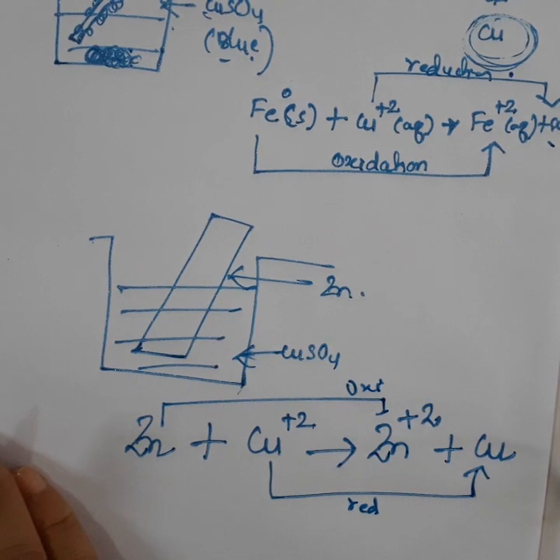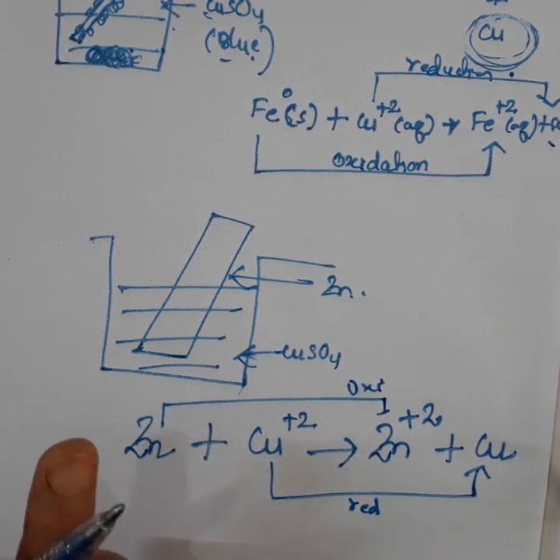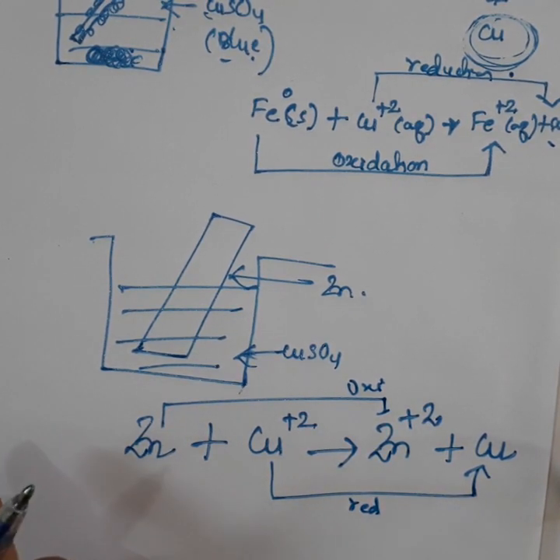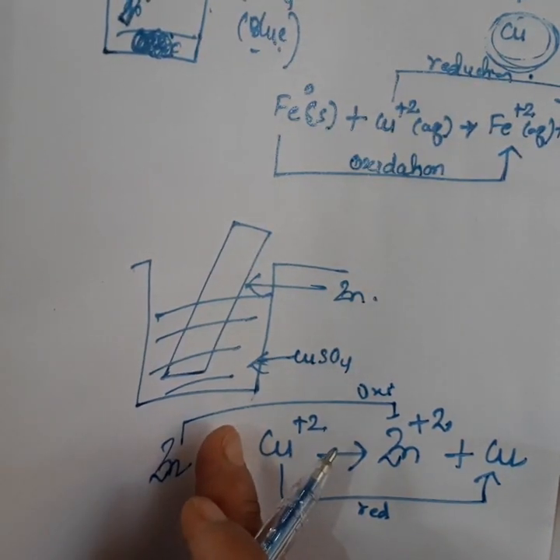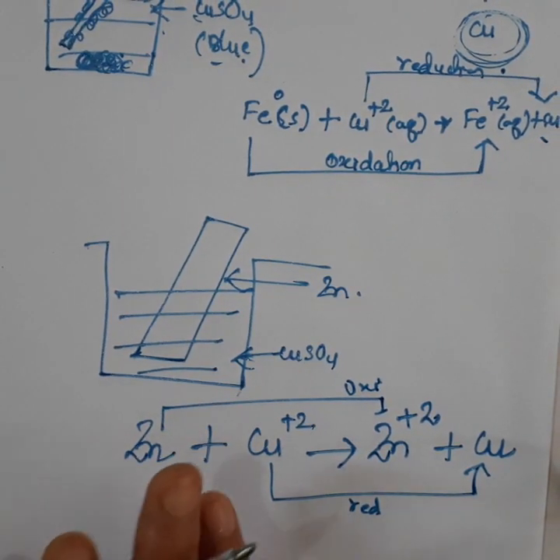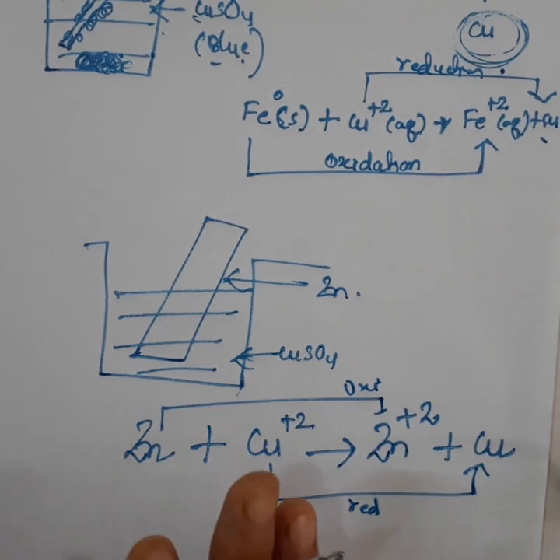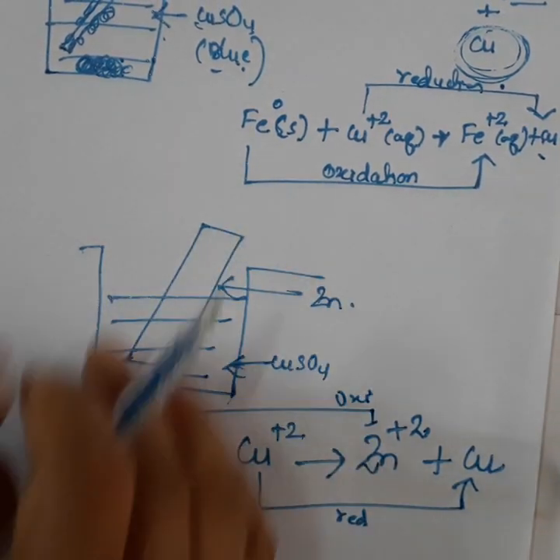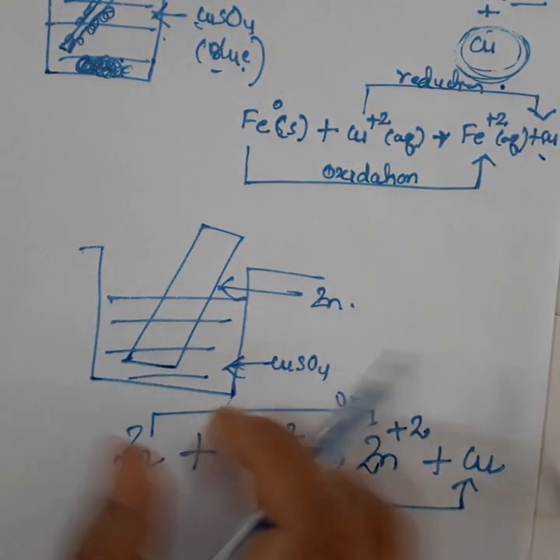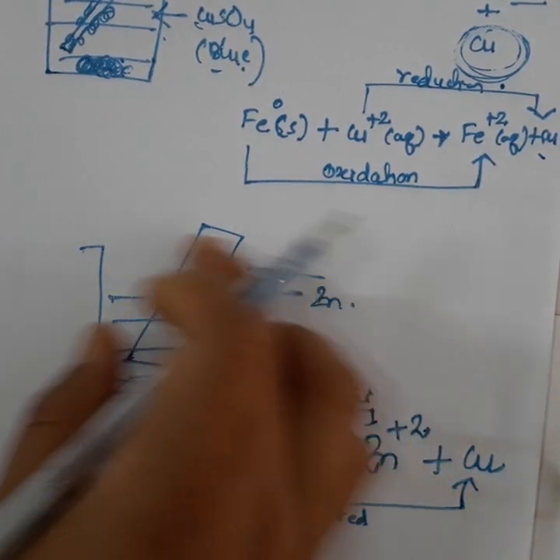So where oxidation and reduction take place simultaneously, this is a type of redox reaction. And redox reaction is again classified into two: direct redox reaction and indirect redox reaction. In a direct redox reaction, both oxidation and reduction take place in the same vessel.